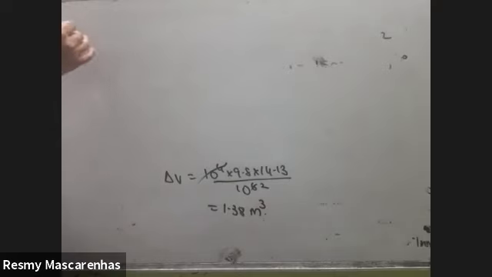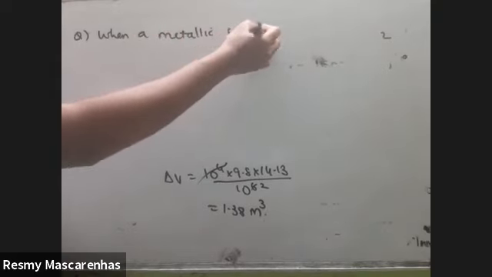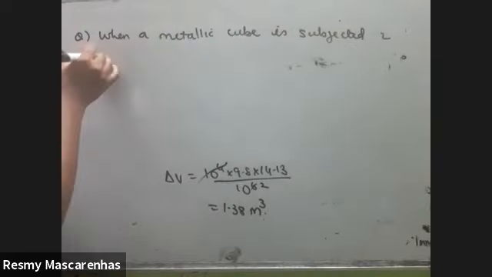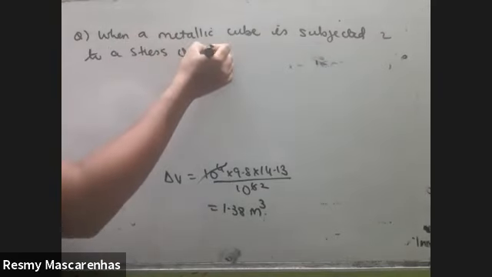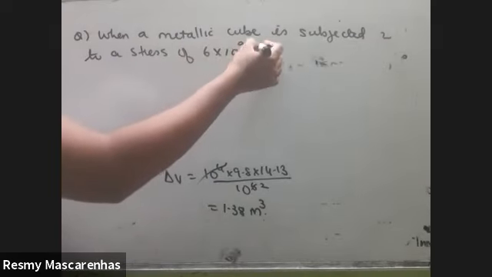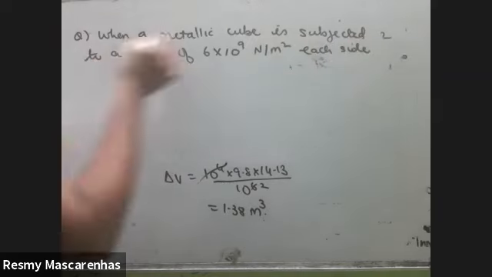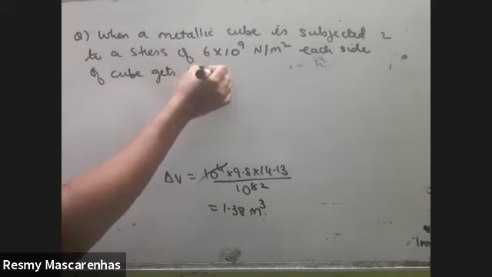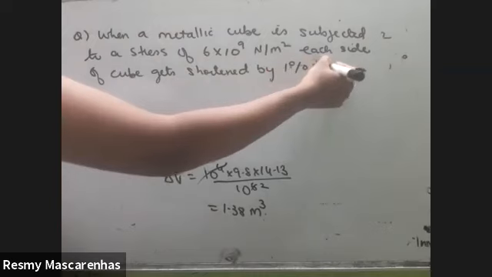Next one. When a metallic cube is subjected to a stress of 6 into 10 raised to 9 Newton per meter square, each side of the cube gets shortened by 1%.